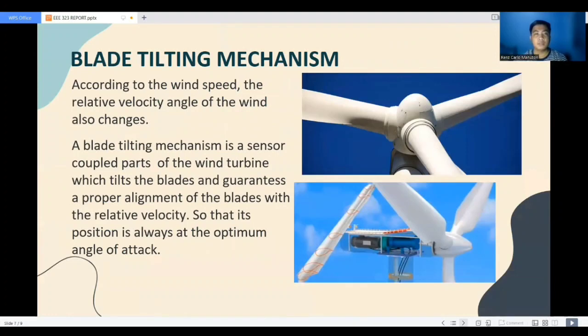The blade tilting mechanism. Ang sinasabi naman dito ay ang blade tilting mechanism ay isang sensor na bahagi ng wind turbine na kung saan ang blades ay guarantees ng tamang pagkakahanay ng blades sa relatibong bilis.